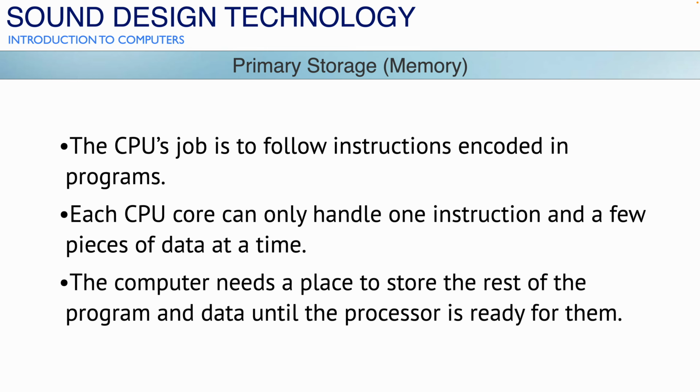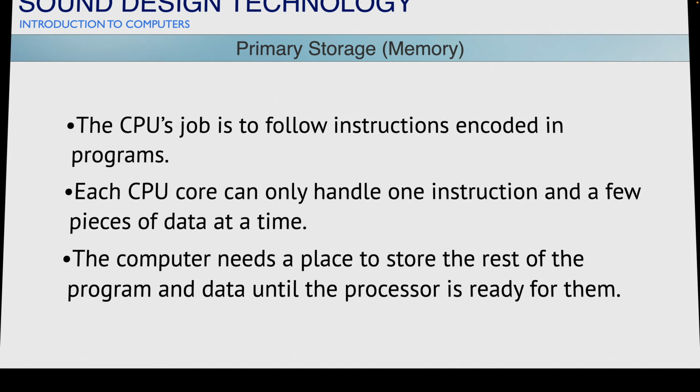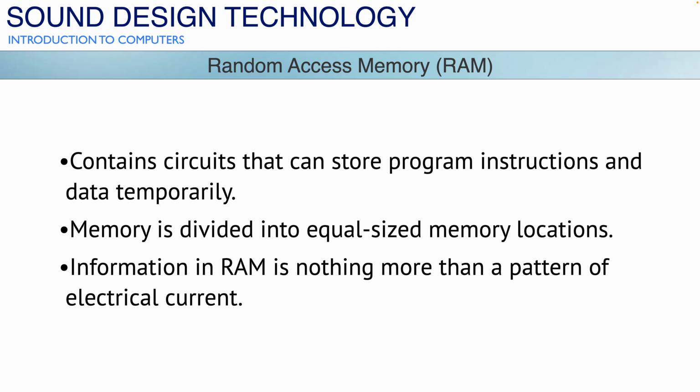That line is what the RAM does, the primary storage or the memory. That's where the instructions line up to be processed. RAM stands for Random Access Memory. It's very temporary storage, and it stores it in a pattern of electrical current.